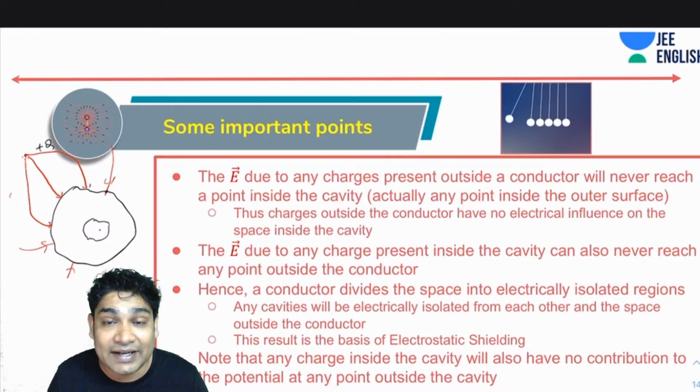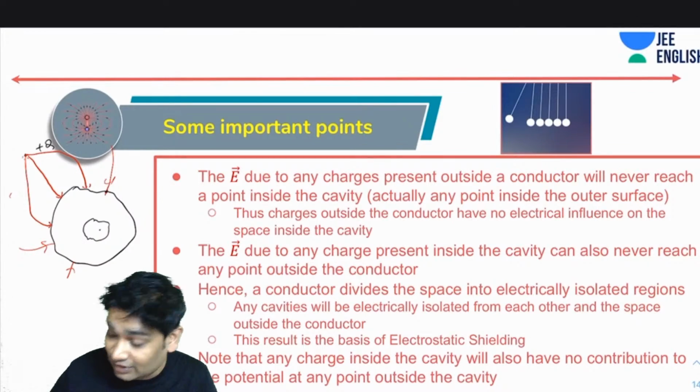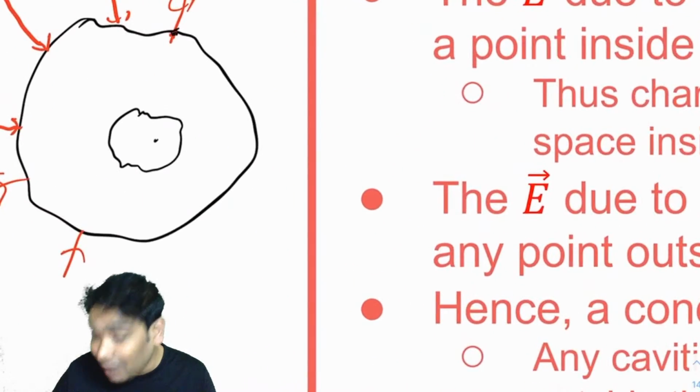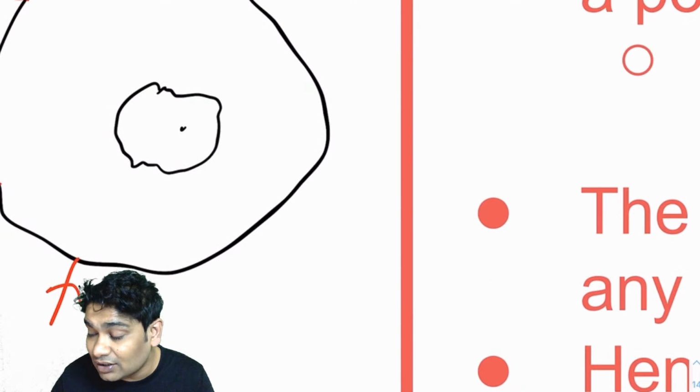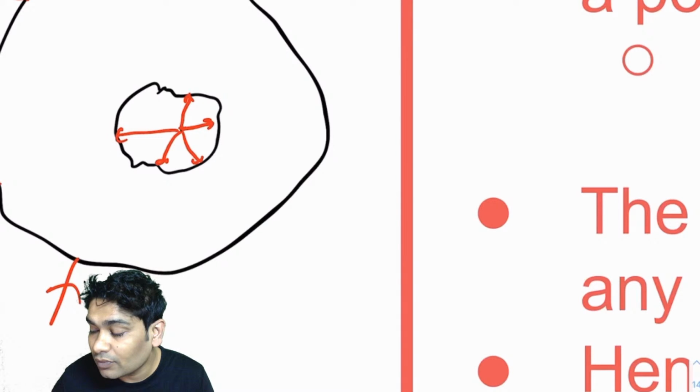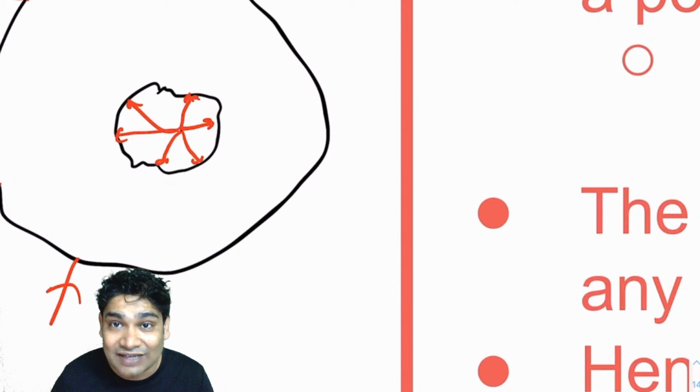also never reach any point outside the conductor. In a similar fashion, if I keep any positive charge here, then all the field lines of this will terminate here, and they can never reach any point beyond this surface.